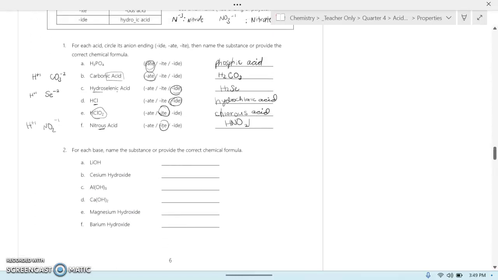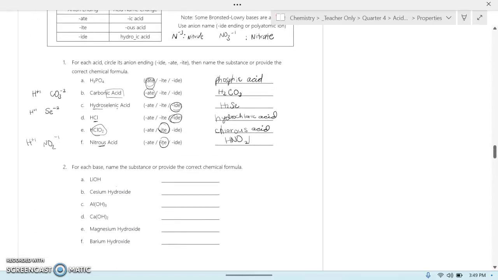Bases, this should just be review because nothing is really different, just metal name from the periodic table and the name of your anion, which for a base will always be hydroxide. So LiOH, that one is lithium hydroxide.